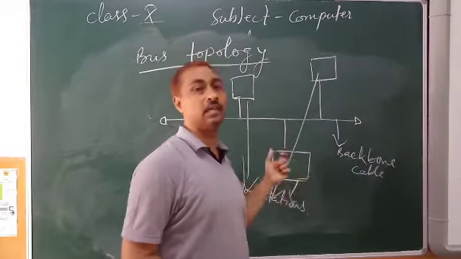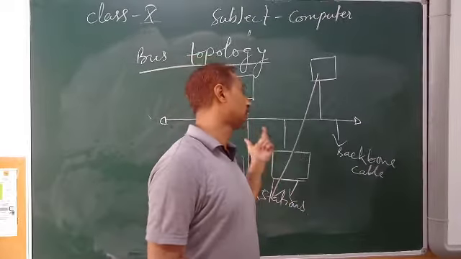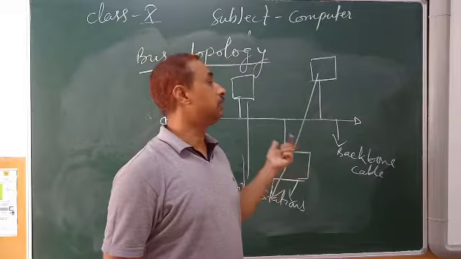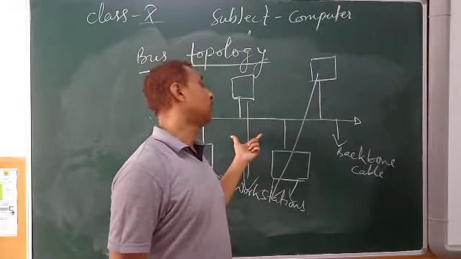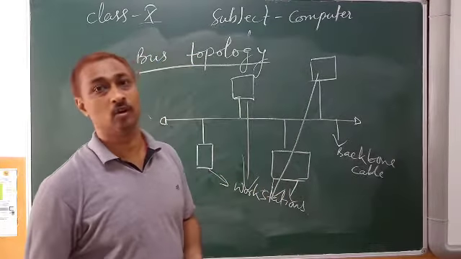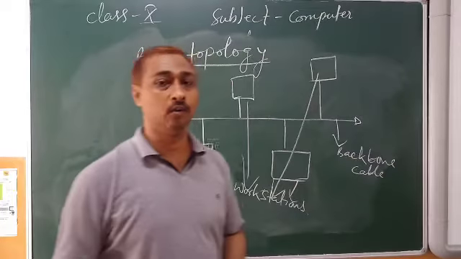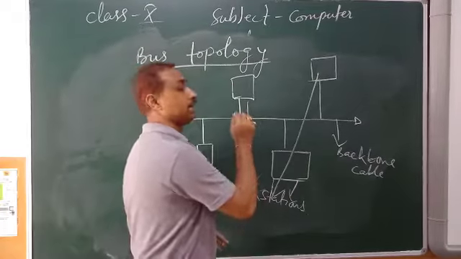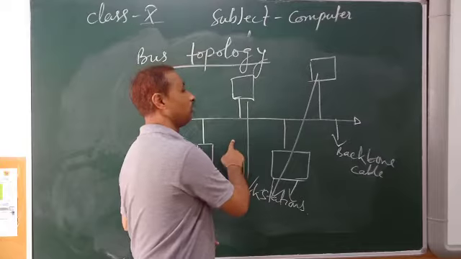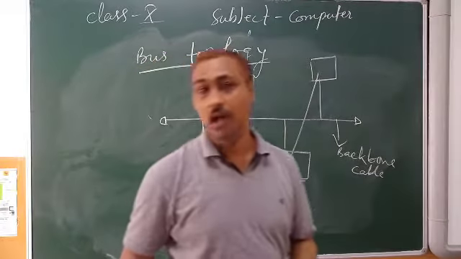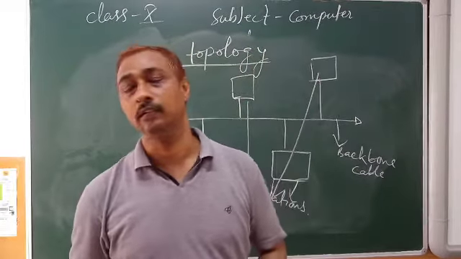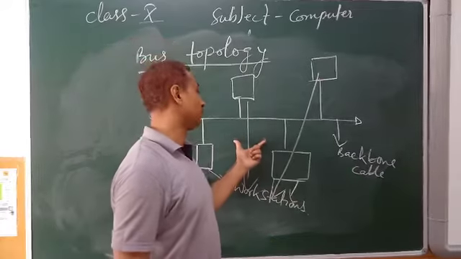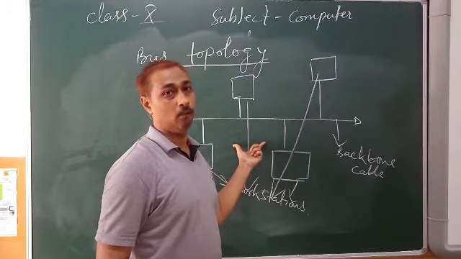You can establish the network very easily, and the cost of implementing this network is also very low because the devices used in this topology are minimal and low cost.